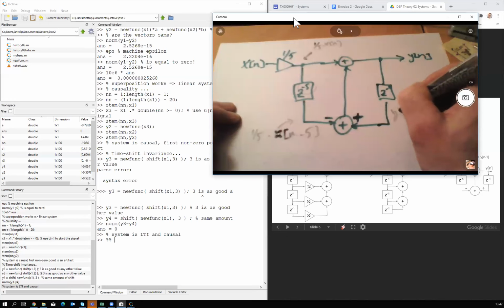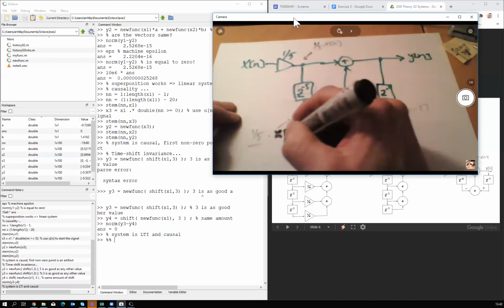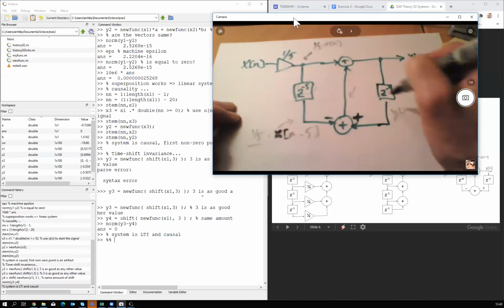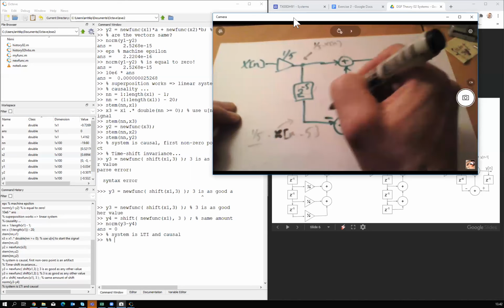Here we have y of n minus 1, first order delay. At that point we have those subtracted or added together. Well, this one minus that one.